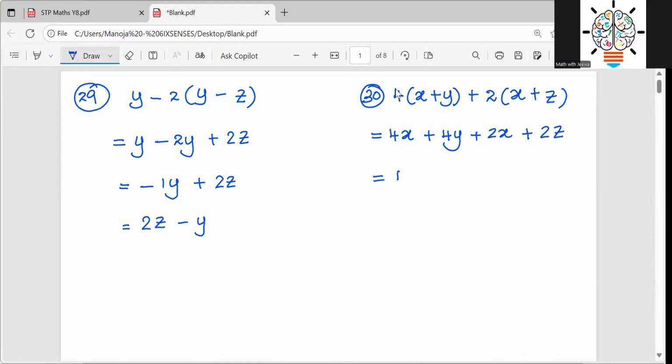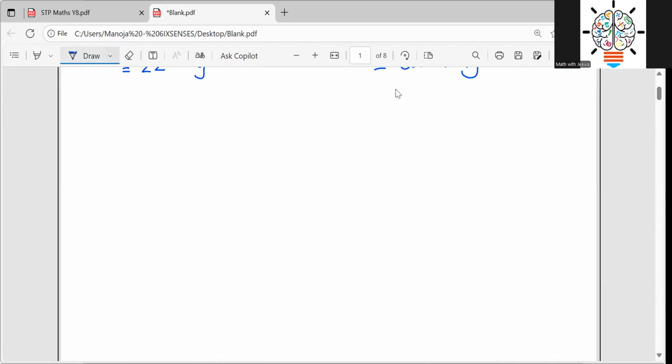So then I take the like terms, 4x plus 2x, 6x, plus 4y plus 2z, right? I double check whether I have done it correctly. Yes, 6x plus 4y plus 2z. Yeah, that is correct. So then I will move to question number 31.